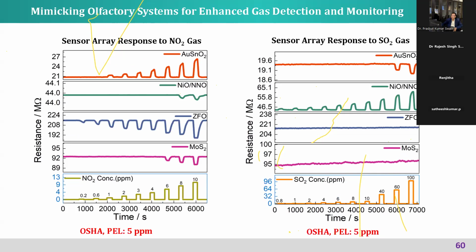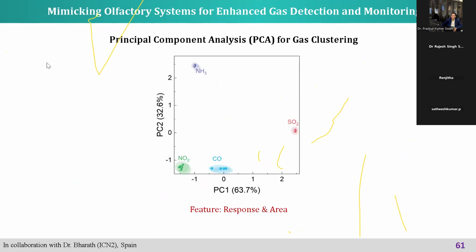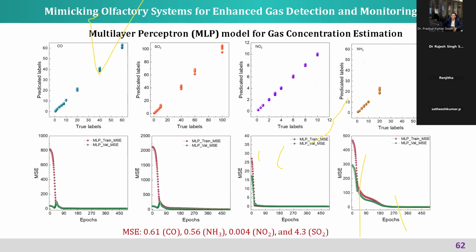Now we do a principal component analysis. It's a machine learning algorithm, and we find out how accurately one can identify these gases. This is for the single gases, and we do PCA, the principal component analysis. This one is the multi-layer perceptron model.